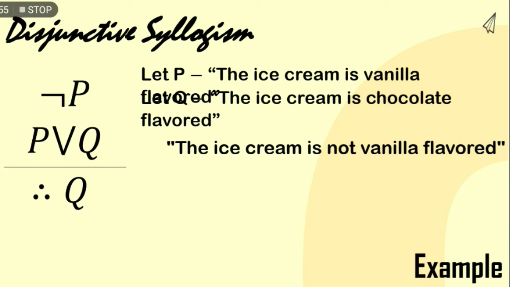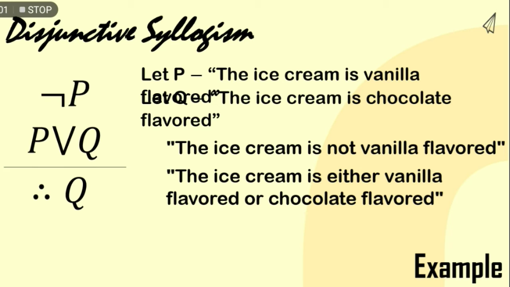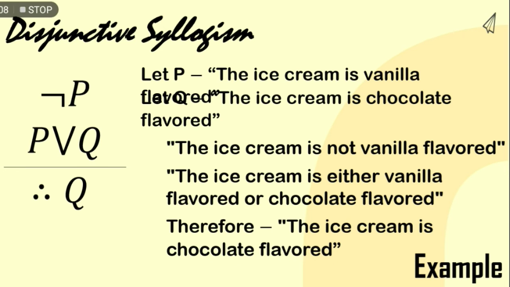The ice cream is not vanilla flavored is our negation of P. And the ice cream is either vanilla flavored or chocolate flavored is P or Q. So we can derive, therefore, the ice cream is chocolate flavored, which is our Q.